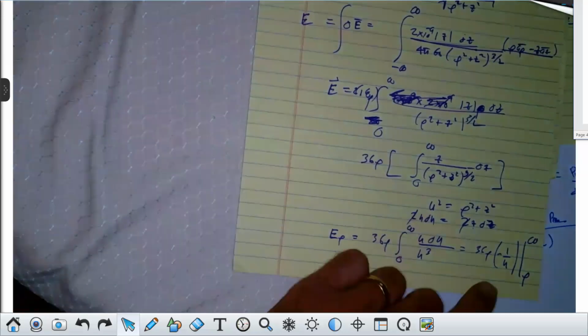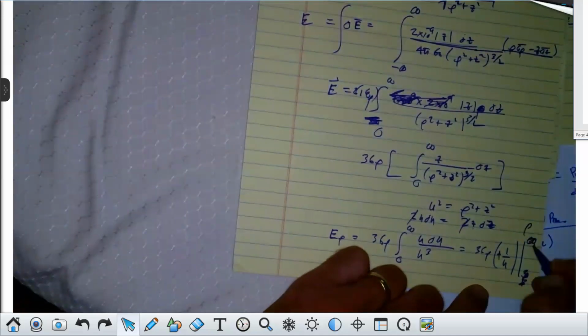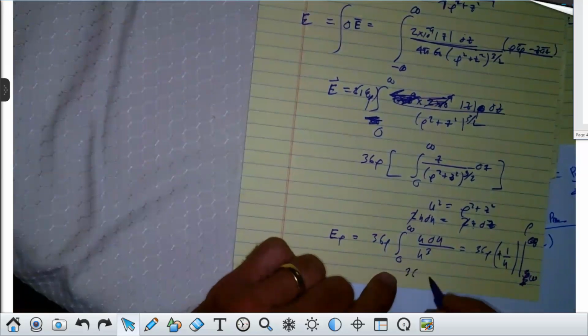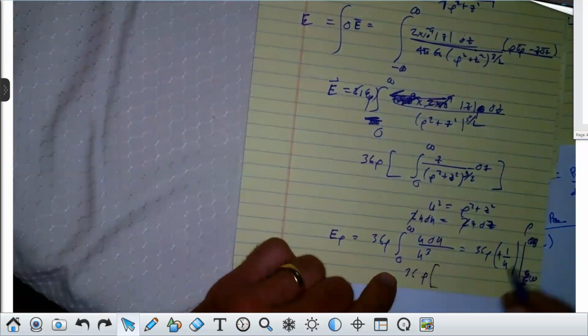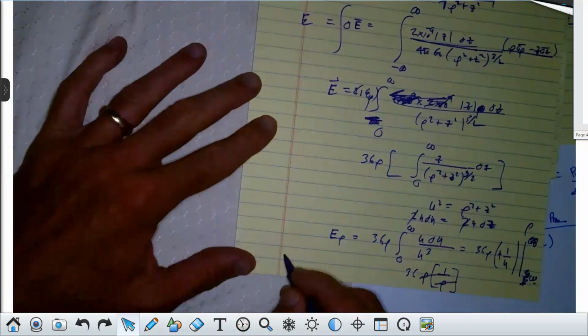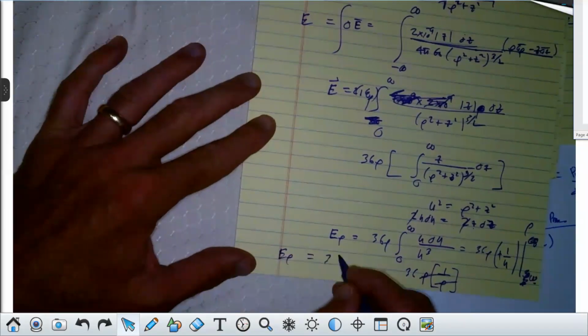Now, because it's minus, I make that plus and just make this upper limit rho and this lower one infinity. And I know that when I have this, my final answer is what? 36 rho, and it's going to be times 1 over rho, because at infinity, 1 over infinity is 0. And you can see the rho cancels, or you get just 36. So E rho on this one is 36 for all values of rho.